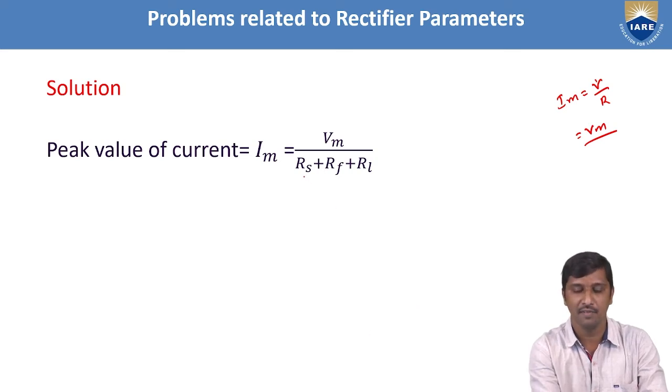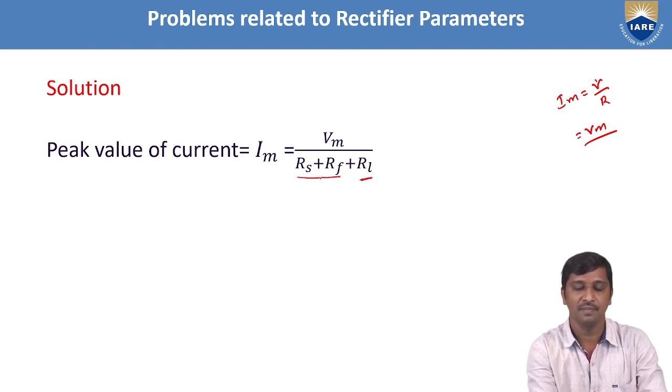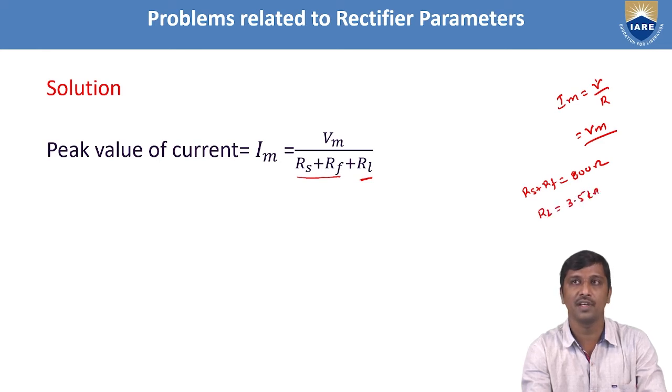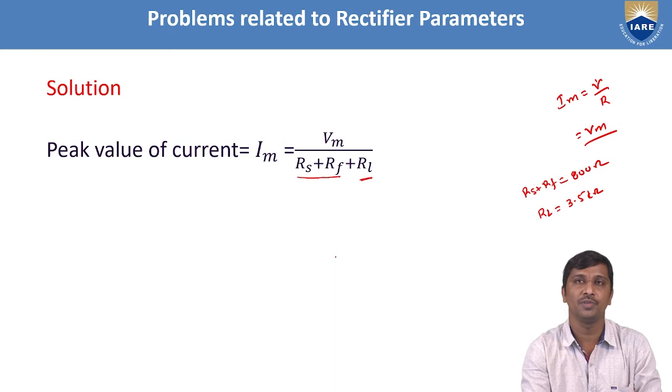So that is why we use Rs plus Rf plus RL, where Rs is the transformer secondary coil resistance, Rf is the diode forward resistance, and RL is the load resistance. They mentioned that Rs plus Rf together is 800 ohms, the load resistance is 3.5 kilo ohms, and Vm is 240 volts. Now we need to calculate the peak value of current.